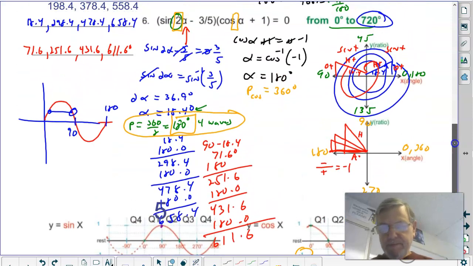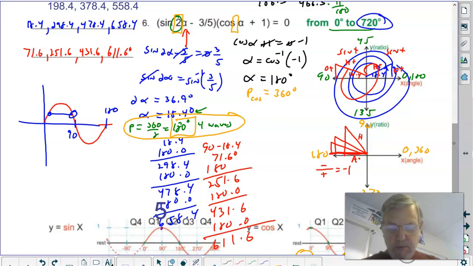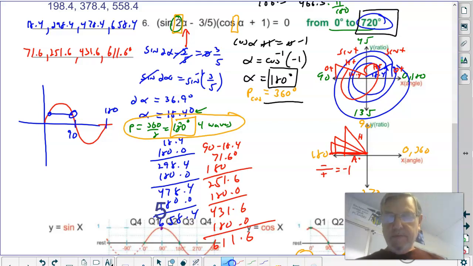And notice now, my first answer is 180 degrees. And what is my next answer? Another 360 more. I got to add that period because, again, I'm going all the way to 720. And what is that? 540.